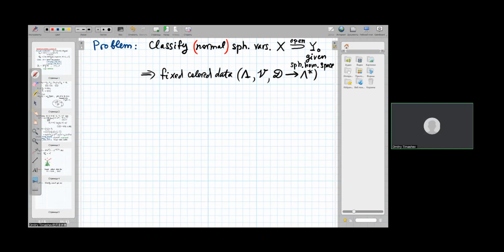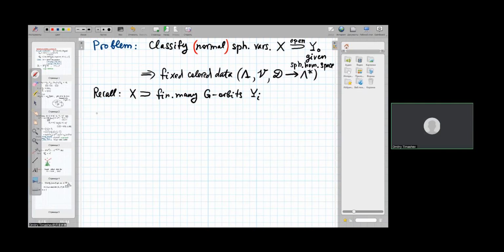To do this, let us recall first that any spherical variety contains finitely many G orbits. Finitely many G orbits, say yi, where i ranges over some finite set of indices.